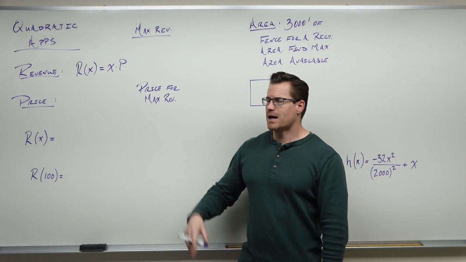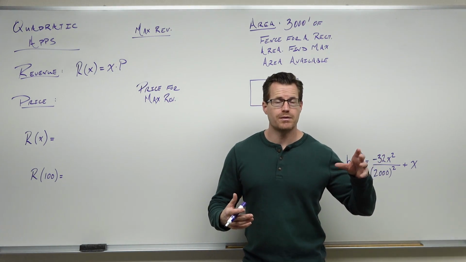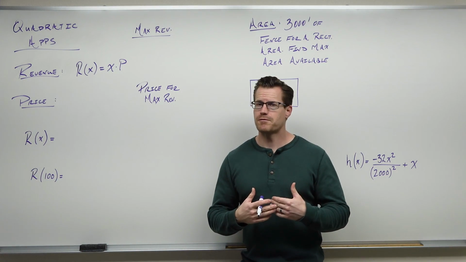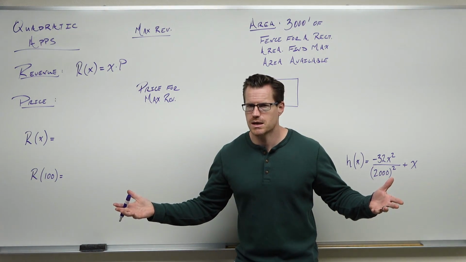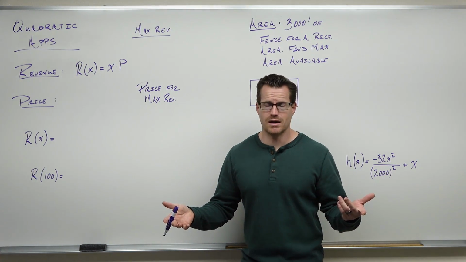Let's imagine that your price changes the more items that you put out there. Now this is oftentimes true. If we flood the market with stuff that we're making, the price is going to decrease because we have to lower the price to sell it depending on supply and demand.